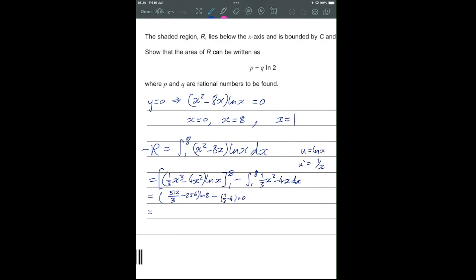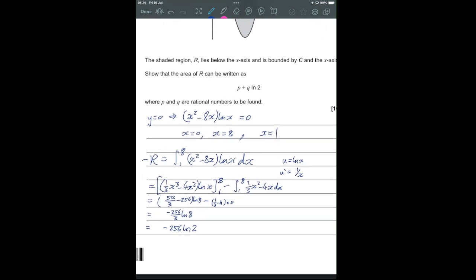So 512 over 3 minus 256 gives us negative 256 over 3 ln 8. Oh, I could do even more with that, can't I? So ln 8 is ln 2 cubed, so I can bring down the cubed.